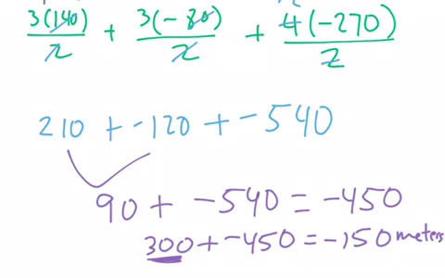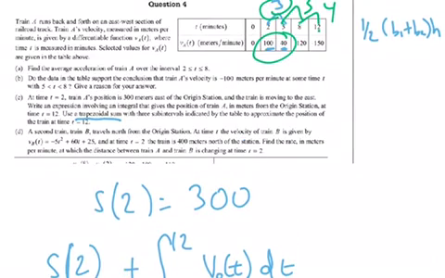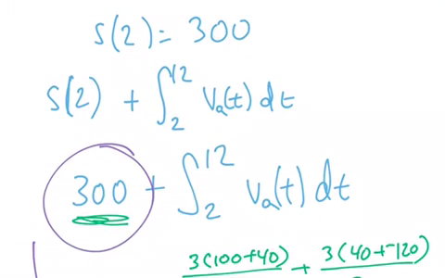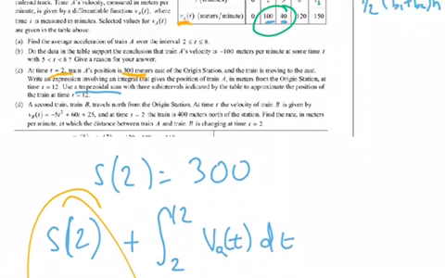Okay, so again, just to summarize, what did I do? The problem tells me the position at 2 is 300 meters, so I started with S of 2, which is 300. The function given is a function of velocity, so if I integrate velocity, I get position.